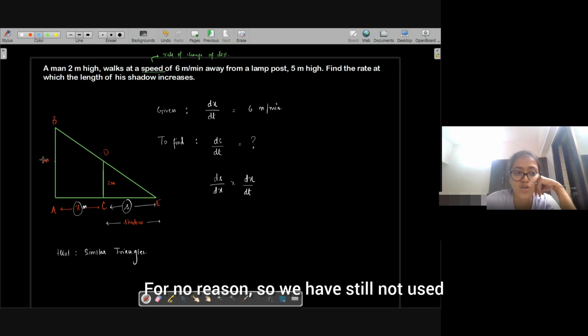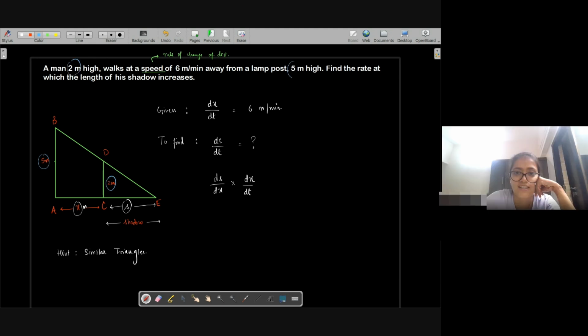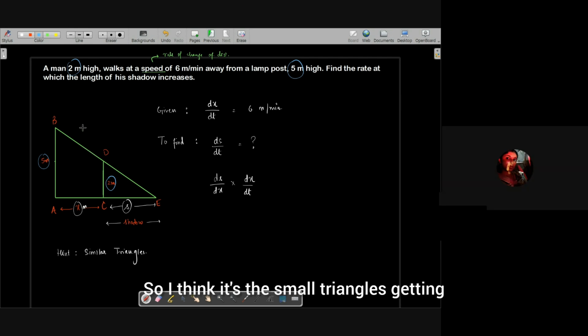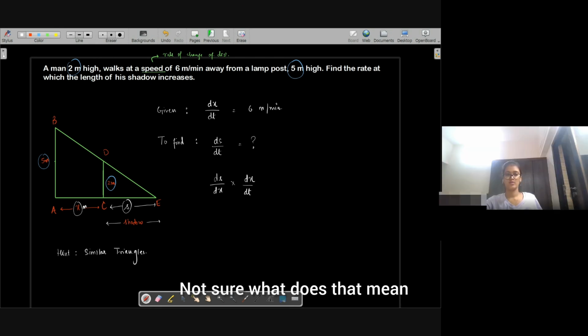So we have still not used this information and this information. I think the small triangle is getting maximized by 5 over 2.